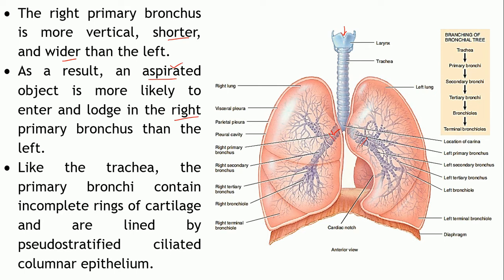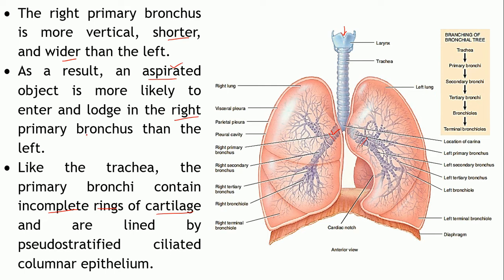Okay. Now these primary bronchi contain incomplete rings of cartilage. If you can see the structure of the wall, it is made up of incomplete rings of cartilage.